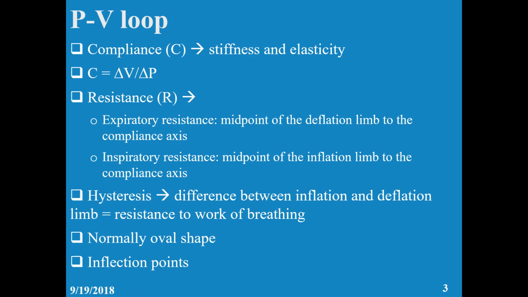Hysteresis is the distance between the inspiratory and expiratory limb. The normal pressure volume loop is an oval. However, the inflection point or deflection point can affect it.